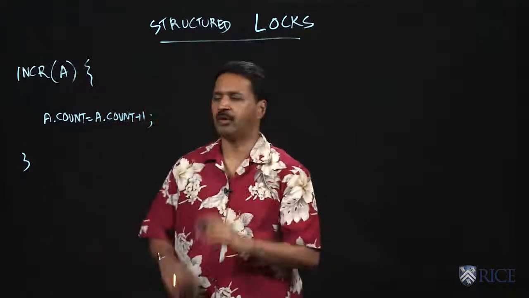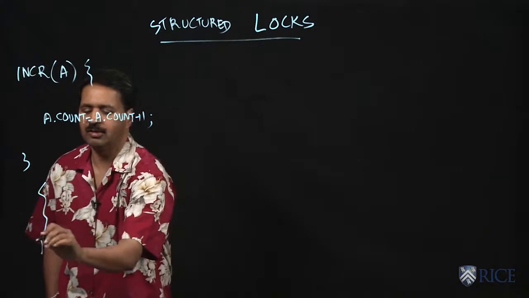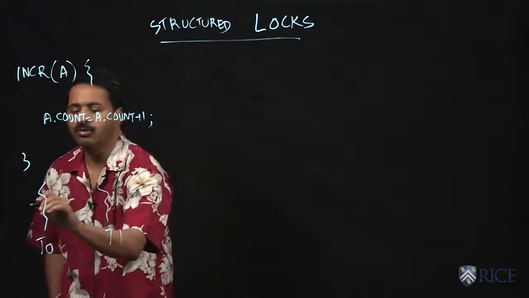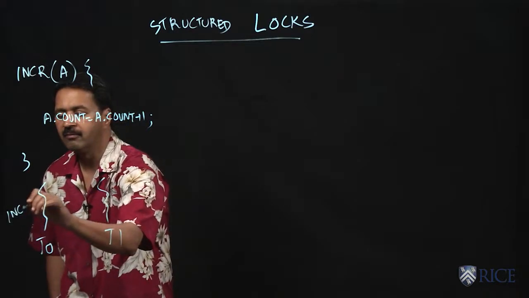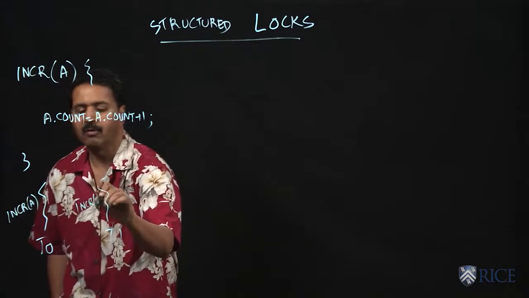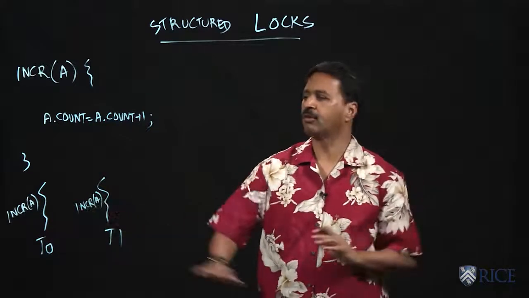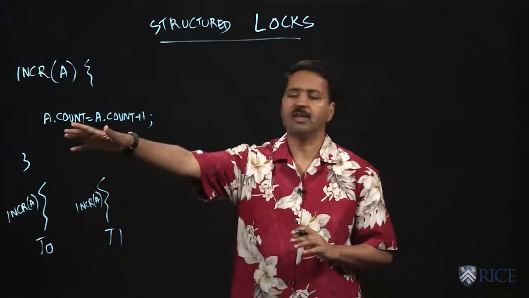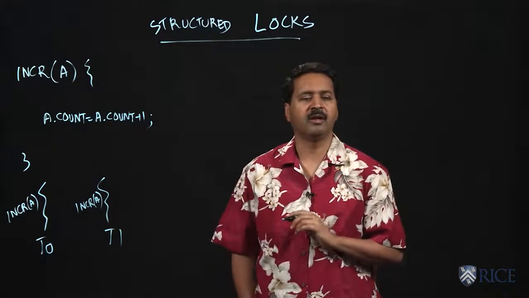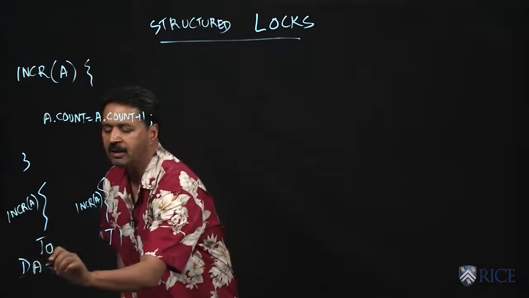And that's fine for sequential programming, but if you have two threads, T0, T1, and they both want to increment A, we have a problem, because these two threads could be scheduled on two different cores, and they could be reading and writing A dot count at the same time, and the result would be unpredictable. And in fact, that kind of error is called a data race.